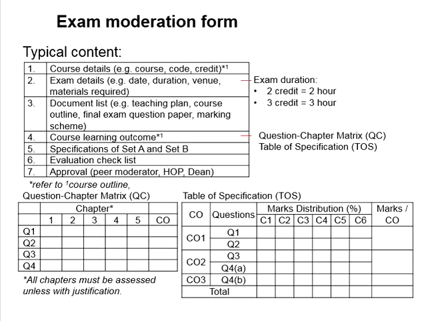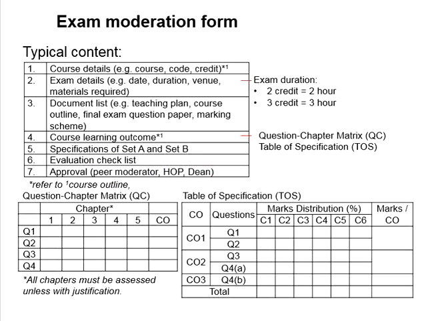If there are any recommendations for improvement of the exam questions, the peer moderator may give constructive comments. Finally, there will be recommendations and approvals: recommendation by the peer moderator, approval by the head of program, and endorsement by the dean.